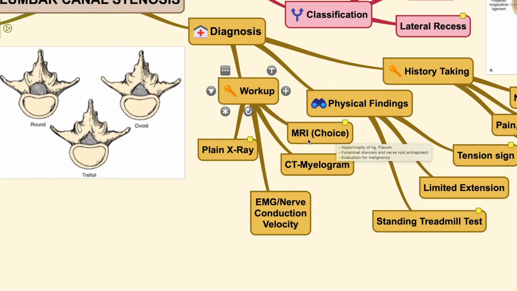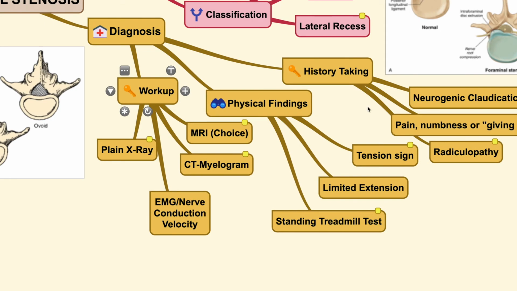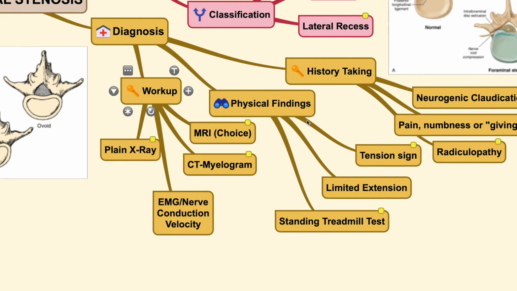If the patient does not have any symptoms and you just take an MRI and it reveals a canal stenosis, you cannot say that the patient has canal stenosis, because this is once again a clinical diagnosis. The patient needs to have symptoms such as neurogenic claudication and so on.